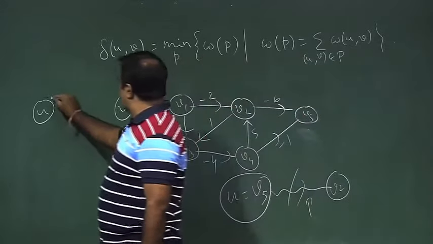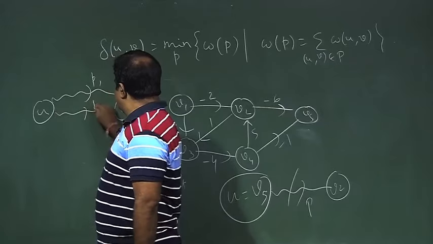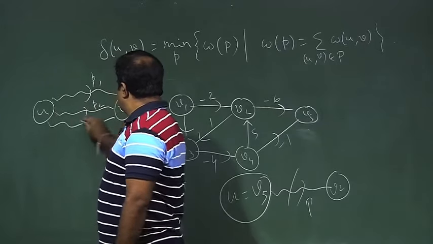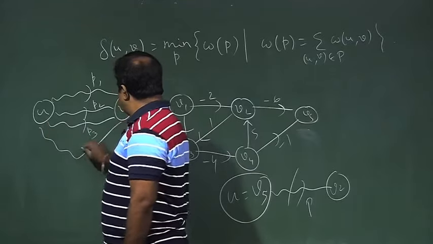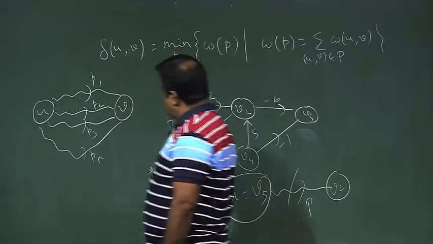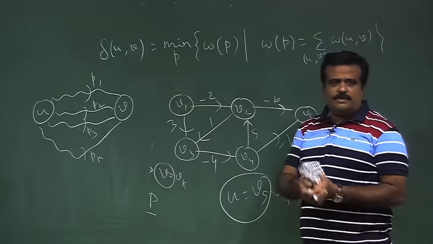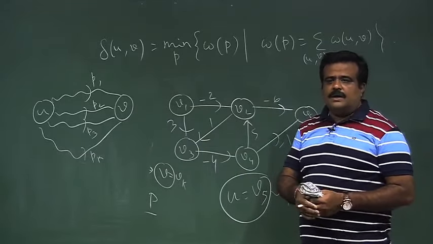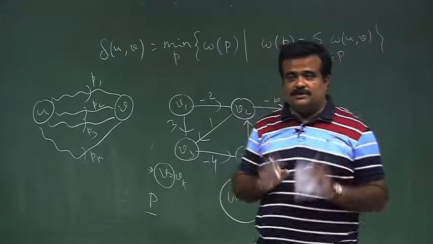If we have many paths from u to v, P1, P2, P3 like this, up to Pk, then we consider the weight of each path.